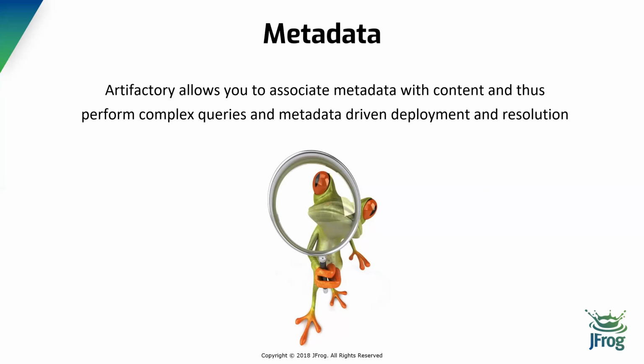So for instance, let's say you would like to get some metric to know exactly which artifacts are in QA, but haven't been tested yet, or are currently in the testing phase.